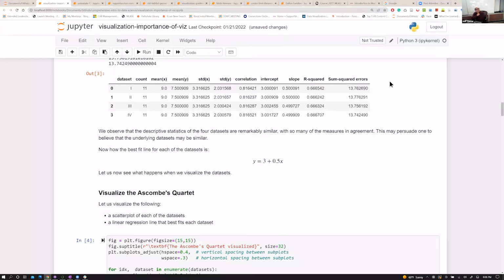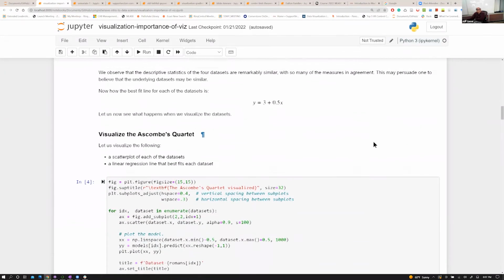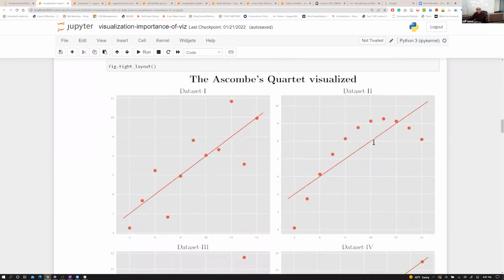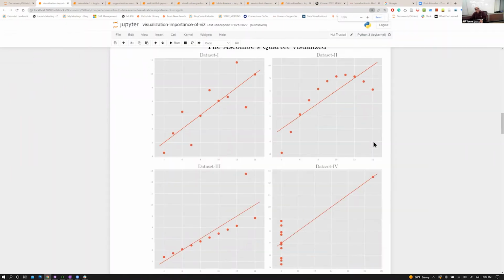Do you notice that they all agree? So many statistics all agree, right? Even the best fit line agrees. It's the same best fit line through them. So one would be led to believe that you're talking about data that is essentially the same. Points may differ, but they're speaking to the same reality. But when you visualize this data, you'll be in for a surprise. See what it comes out to be.